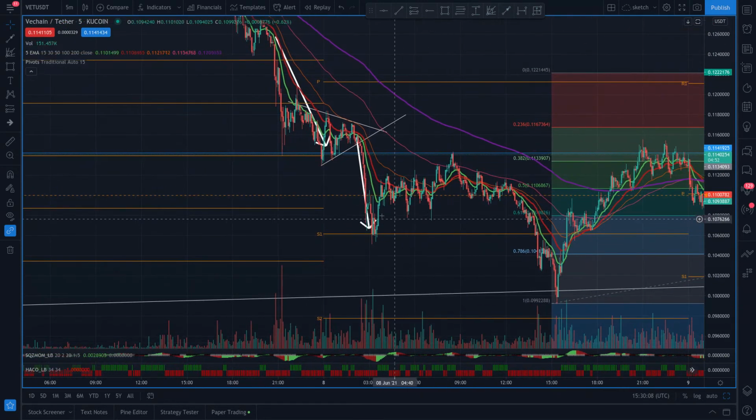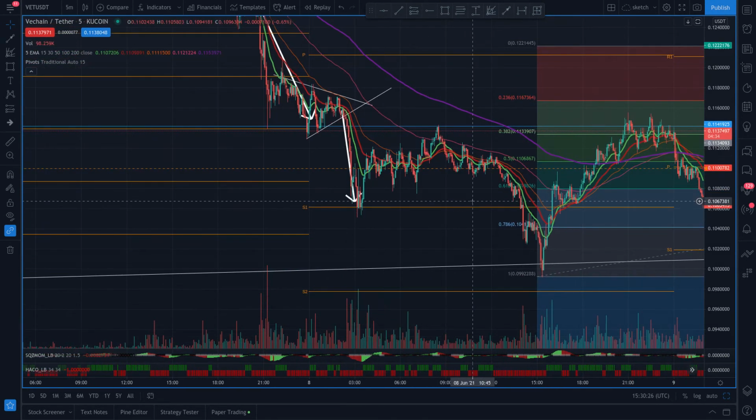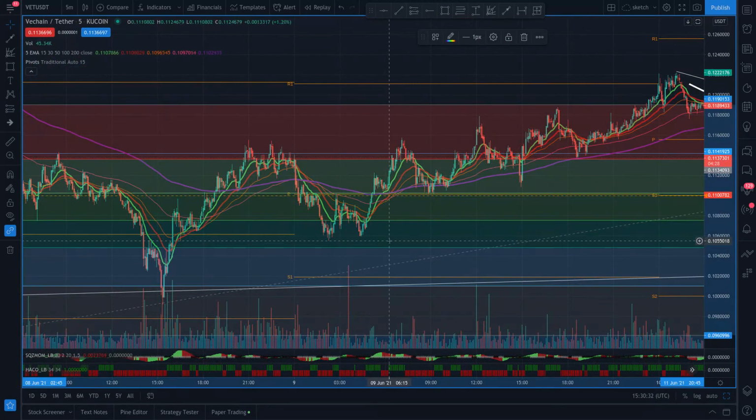So you can see very clearly the pivot line, right? So it rebounded, but the institutions, like, they weren't having it. So they made the overly leveraged investors lose the coins, right?